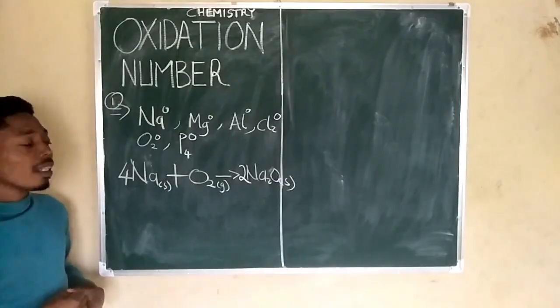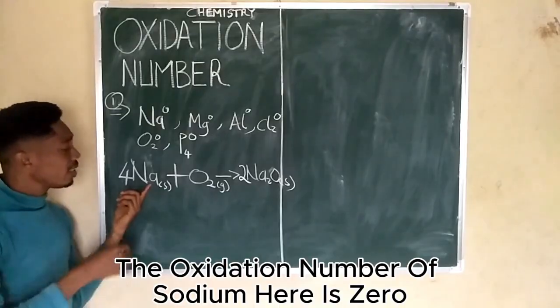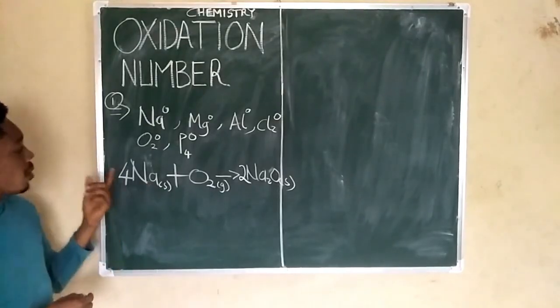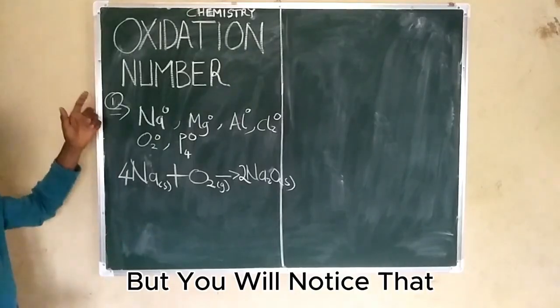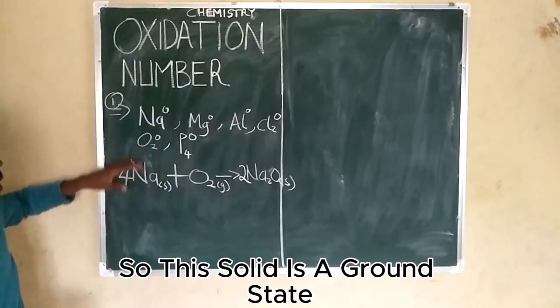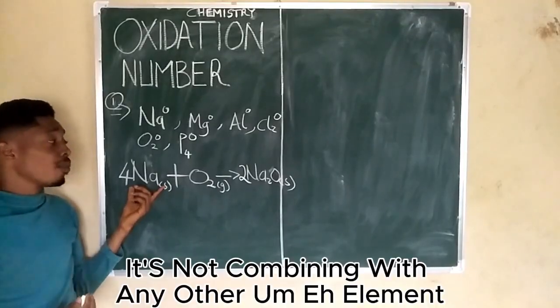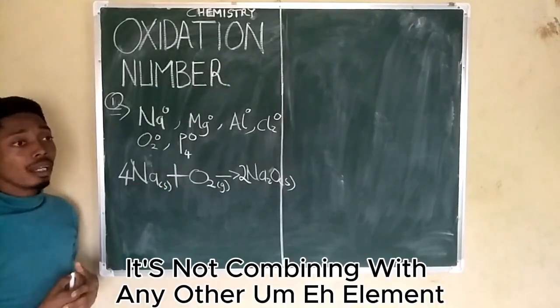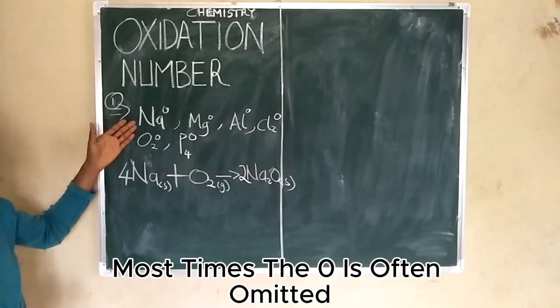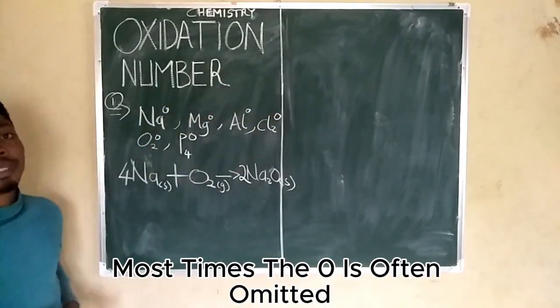The oxidation number of sodium here is 0. But you will notice that I did not represent 0 up here. So this sodium is at ground state. It's not reacting, it's not combining with any other element. Most times, the 0 is often omitted.